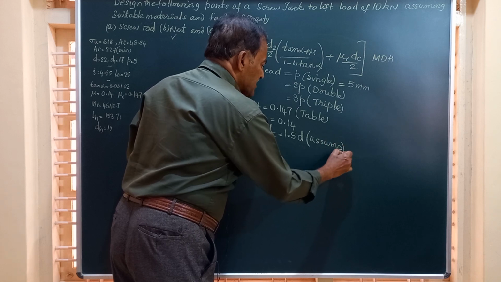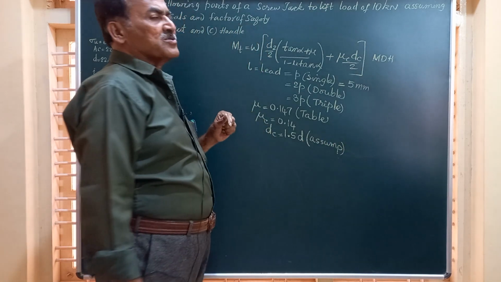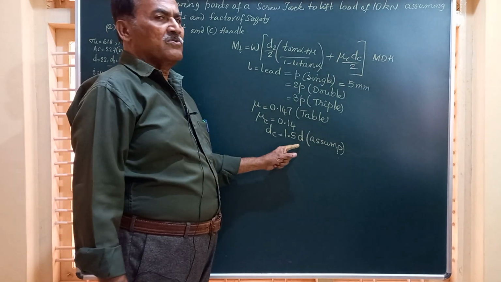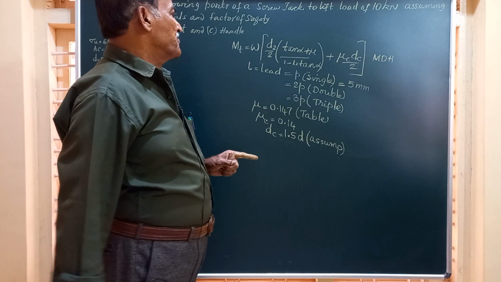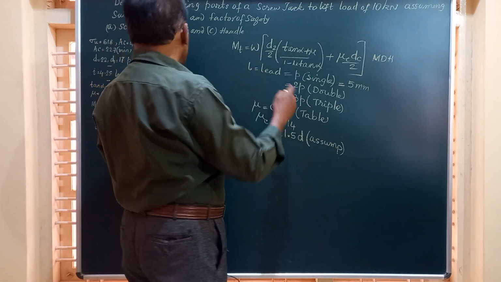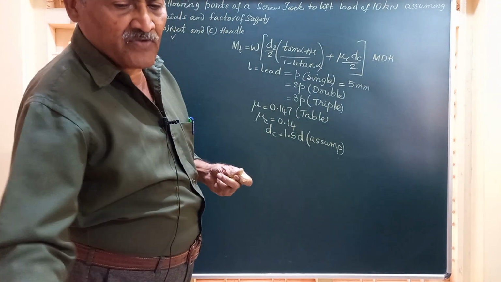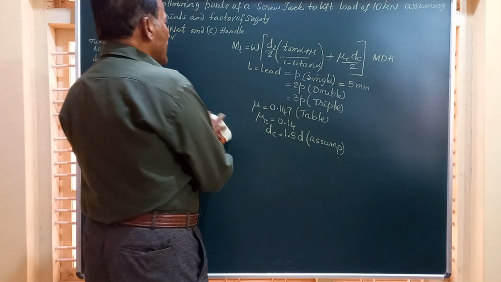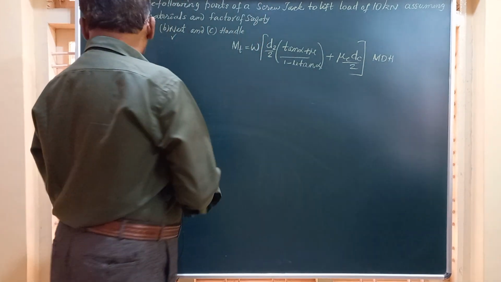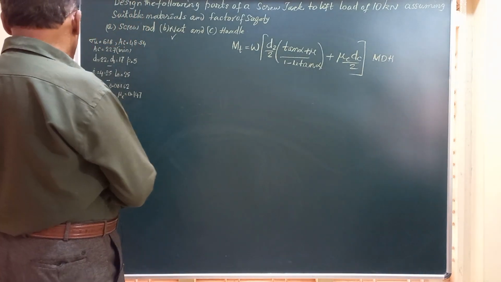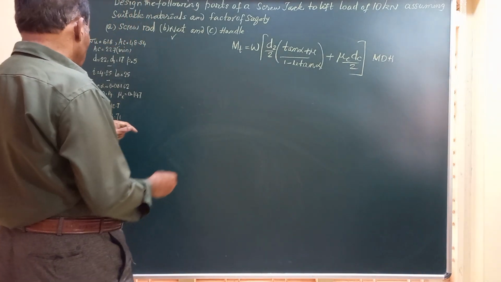So we can take it as 1.5 times small d, where d is the diameter of the screw rod. And friends, with all this substitution, if you simplify this, you get a value of MT as 46112.7.